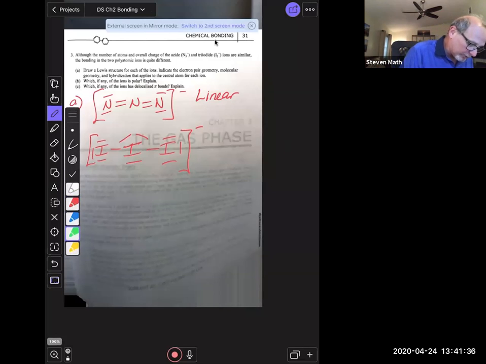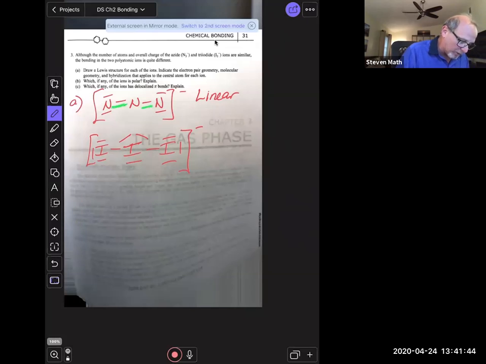Remember, these are only counting for geometry, the sigma bonds, not the pi bonds. So it's going to hybridize like 2 and 0. In this case, down below, we've got a central atom iodine that has 5 lone pairs.